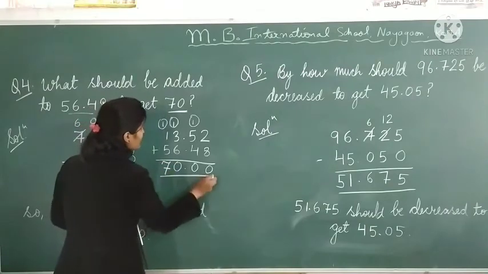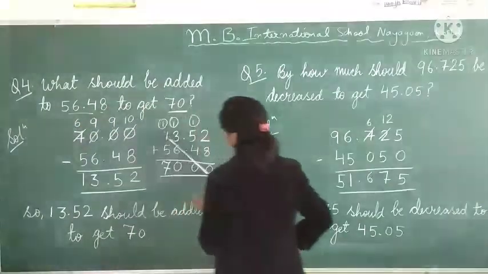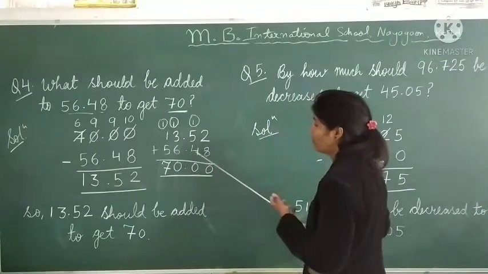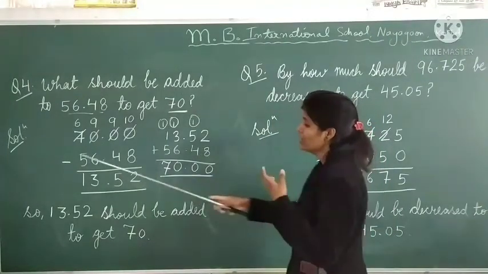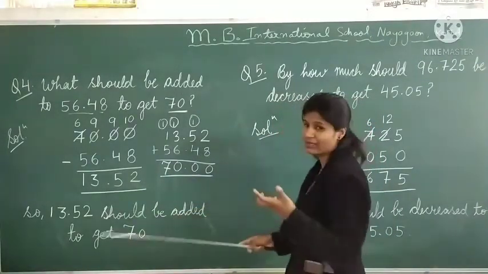So it means 70 is the answer. So when we add 13.52 with 56.48, we got 70 as our answer. So 13.52 should be added to get 70.